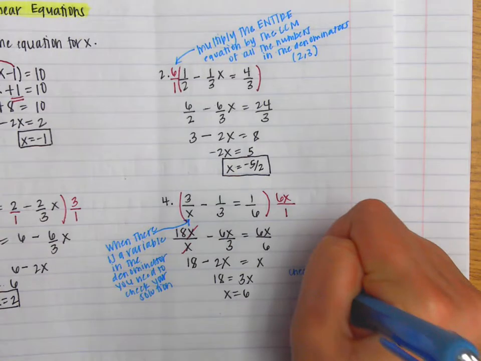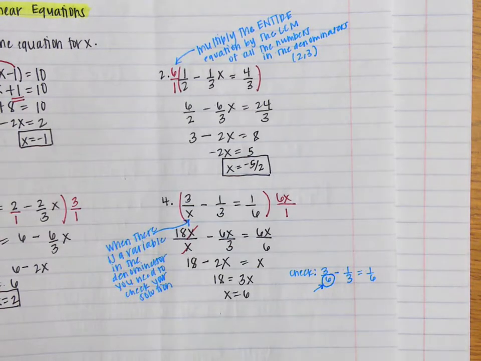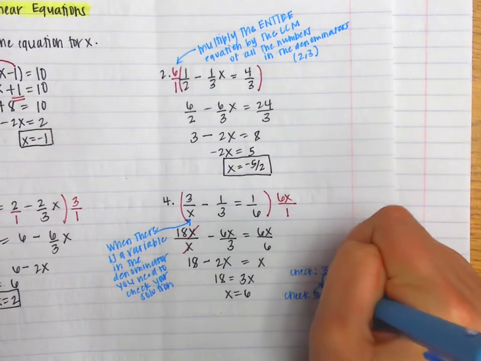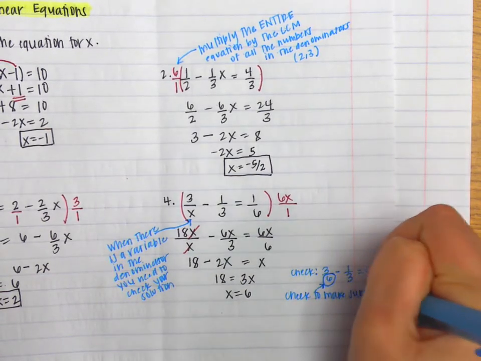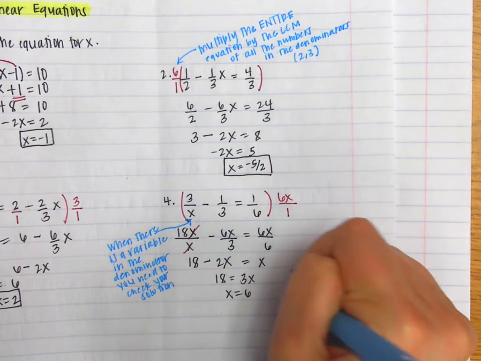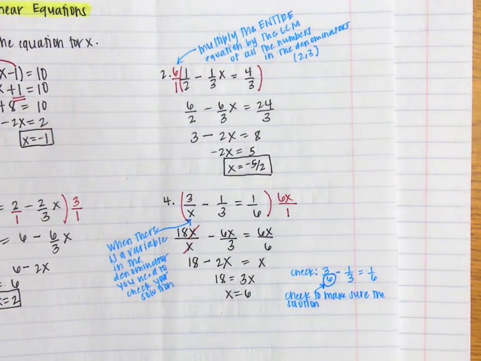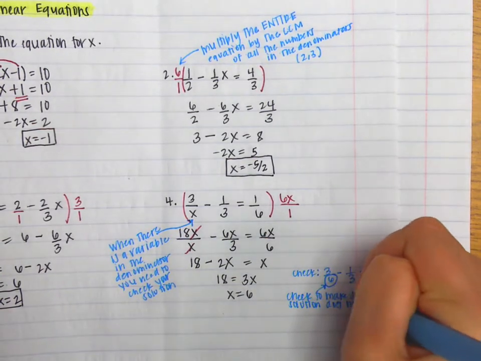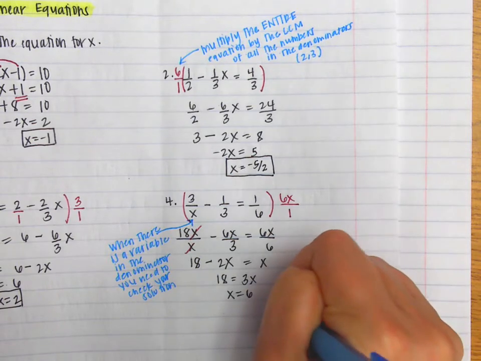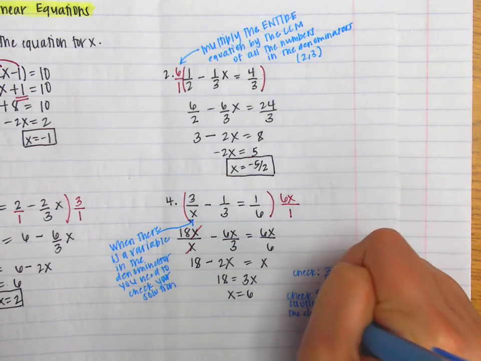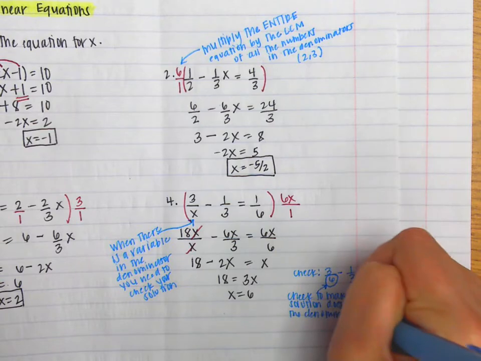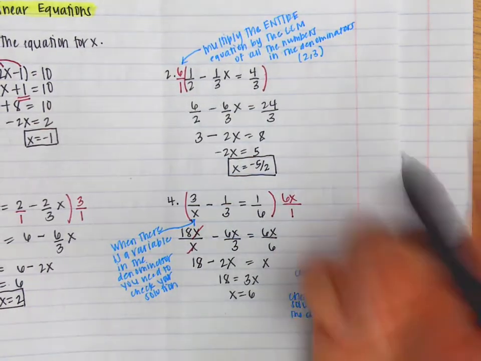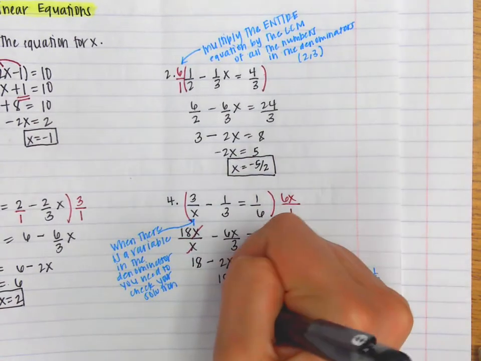So all you're doing is you check to make sure the solution does not make the denominator equal 0. Which it doesn't, so 6 is my solution.